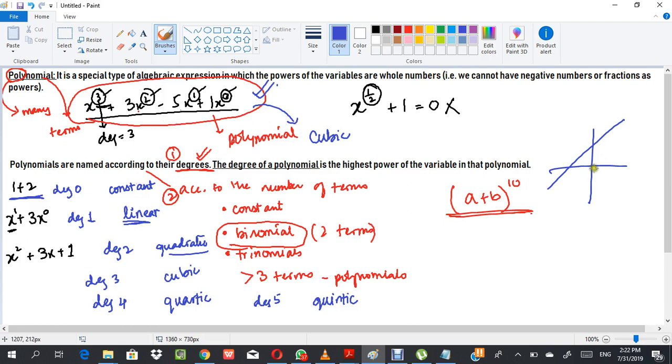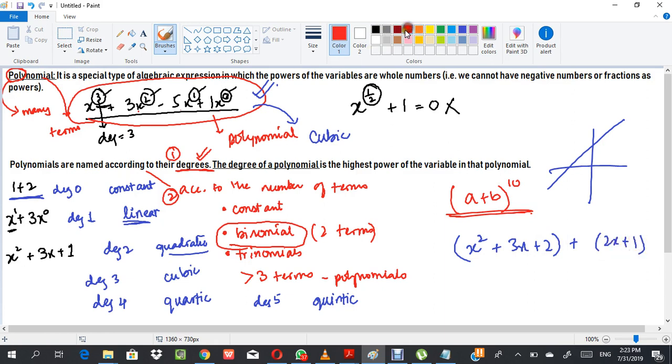Now let's move to the second part of the video, the second part of this lecture, that is division of polynomials. See, we have studied about the addition, subtraction and multiplication of polynomials in O-level mathematics as well. So let's say if I ask you to add x squared plus 3x plus 2 and 2x plus 1.